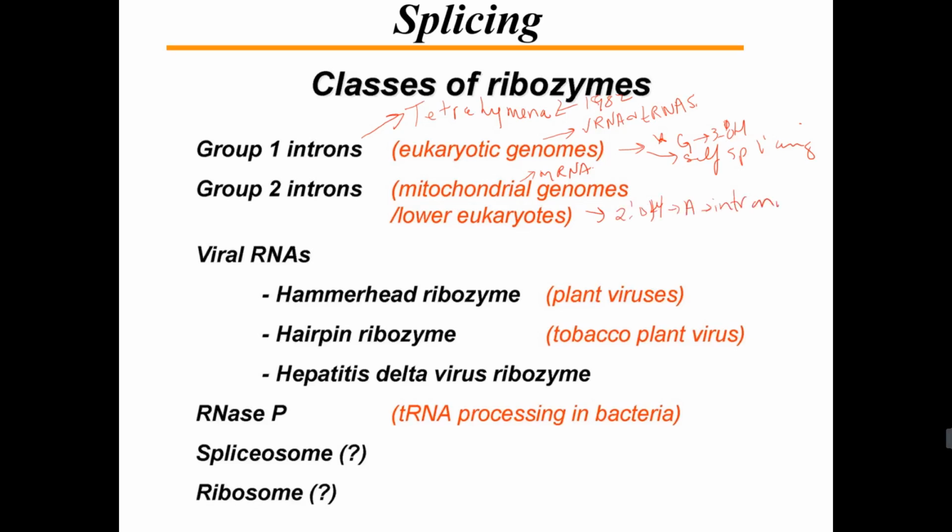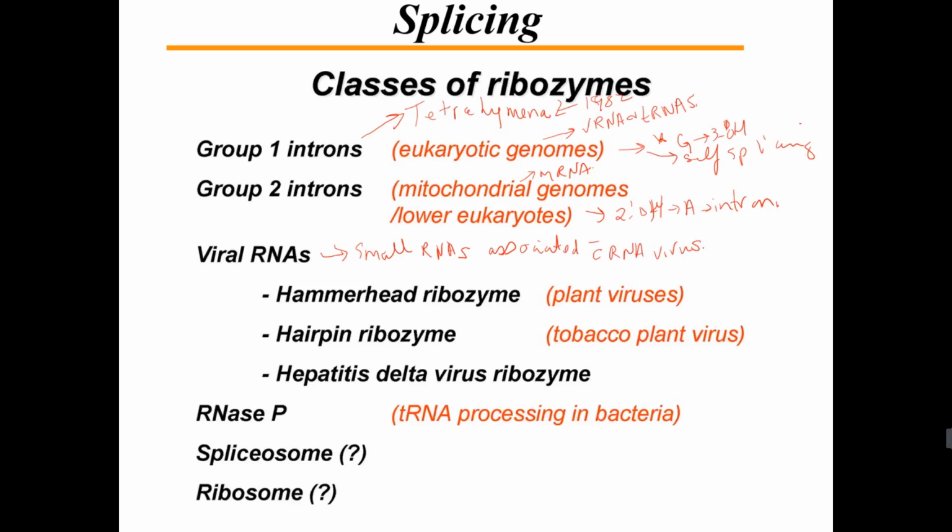Other classes of ribozymes include the viral RNAs, which we don't have time for in this course, but are a very interesting group because they're really just small RNAs associated with RNA viruses.